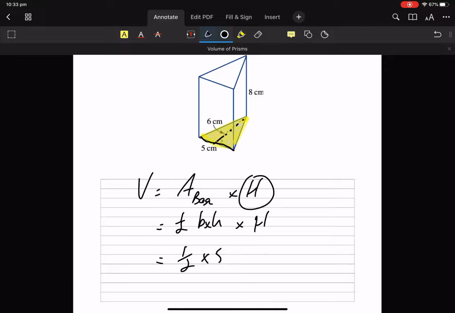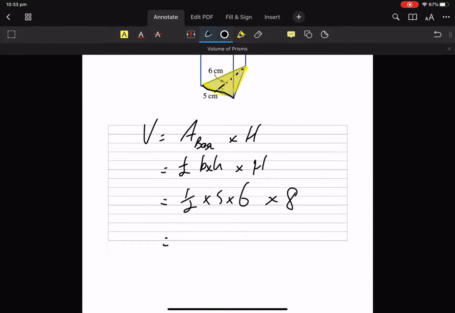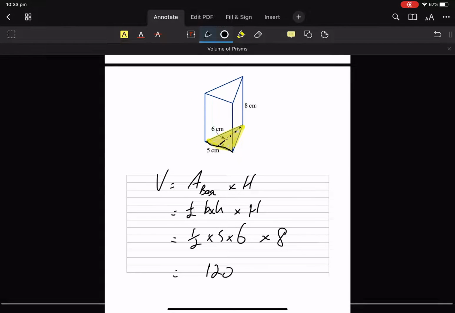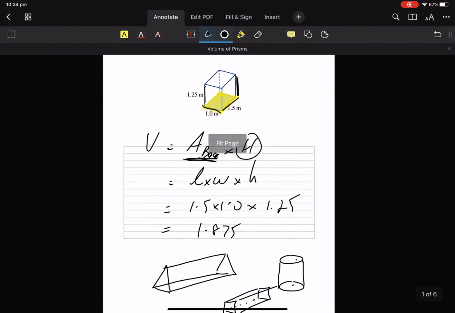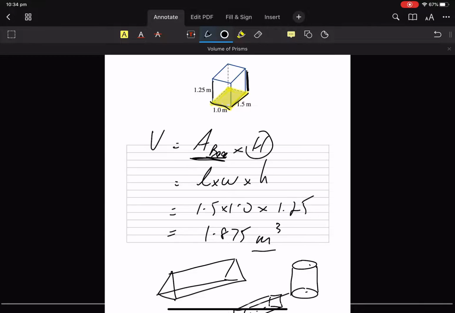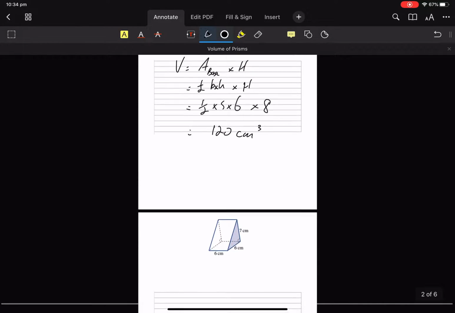The height is the perpendicular height. And this height is the height of the prism. Pen. Calculator. A half times 5 times 6 times 8. The volume of that Toblerone bar is 120 centimetres cubed. Oh my gosh, I forgot that up here. That was metres cubed. Cubic metre. Cubic is the volume. Okay.